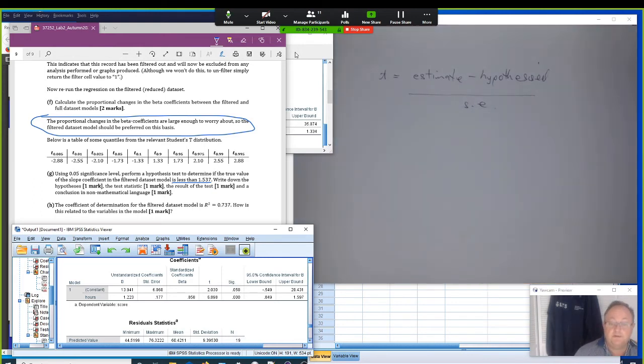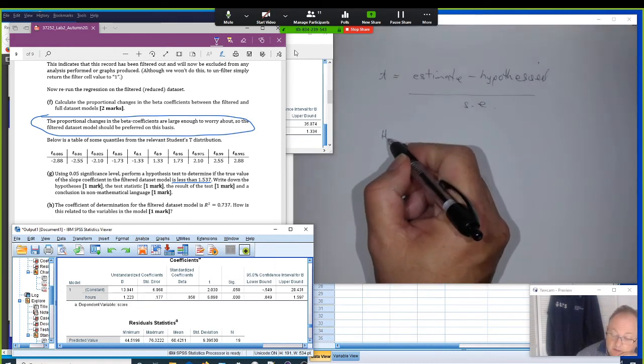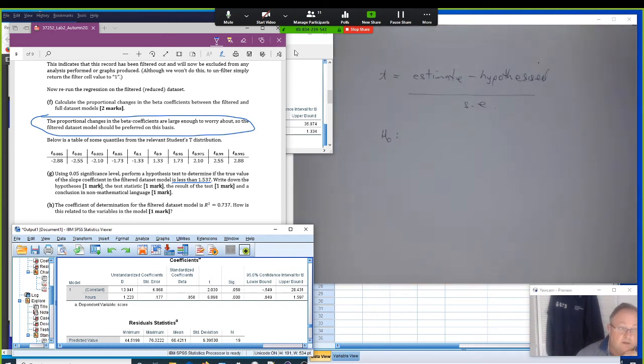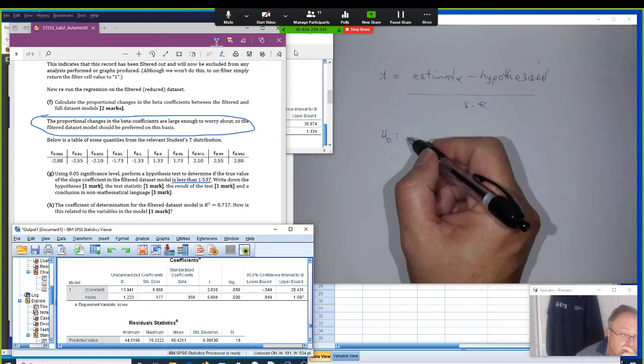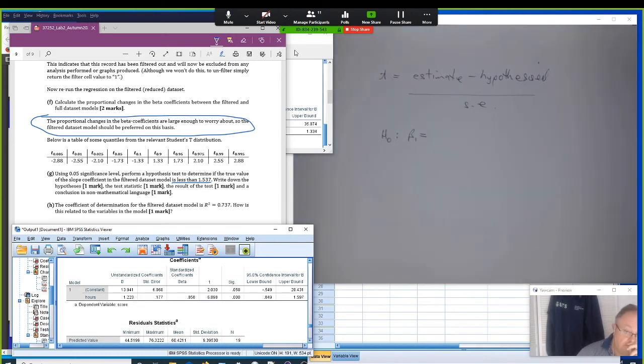Now if you go looking for it, you'll see it in your notes. Okay, so we have to do that t statistic. Okay, the next thing we want to do then is we want to define our H0. H0 is going to be beta 1 is equal to what? What's our hypothesis?